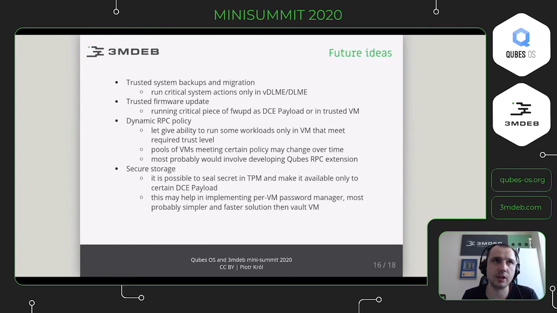For example, we may have some DCE payloads related to payment, VPN, or SSH. The question is what would be the performance of that? This could be questionable at some point. So maybe a vTPM implementation could help with the performance of that. And in that way, we can also try to implement per-VPN password managers.